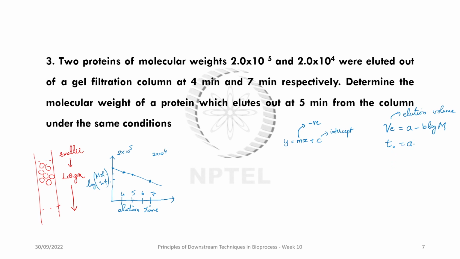So T naught is equal to a minus b log m. Have log m here, elution time given here. You have two givens, so you can solve for the variables a and b, correct?